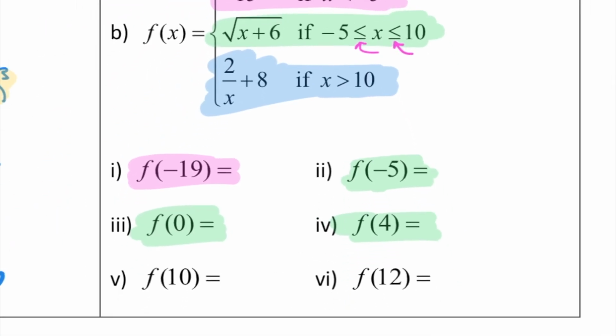So positive 10 also gets that green shading. And then the positive 12 is in the section that is greater than 10, and so that gets the blue shading.